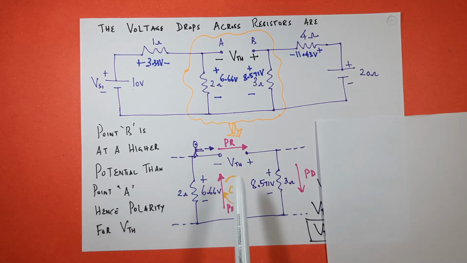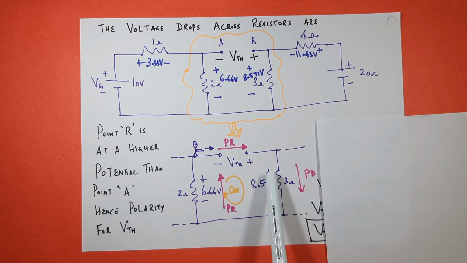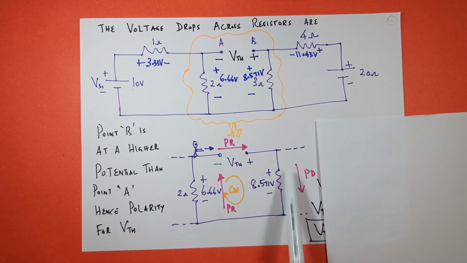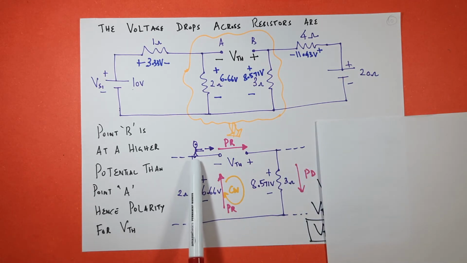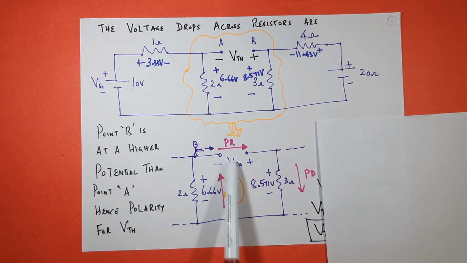When you move from negative to positive, it is a potential rise. If you move positive to negative, it is going to be a potential drop. So say this is your starting point, you start moving in the clockwise direction. So this is the clockwise direction.